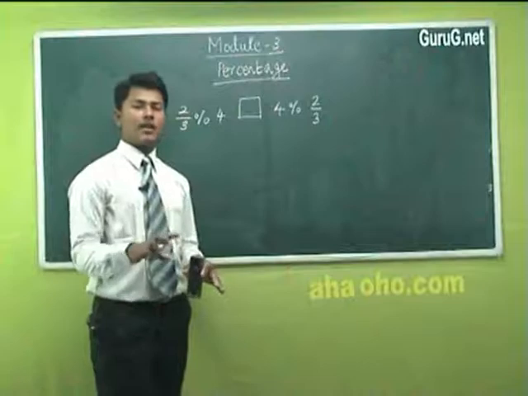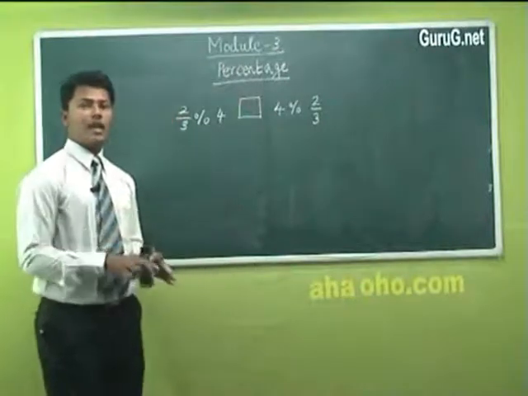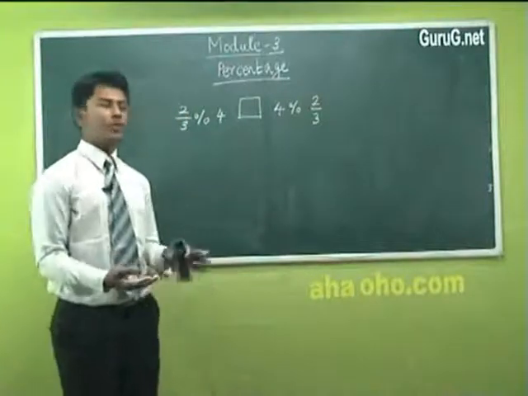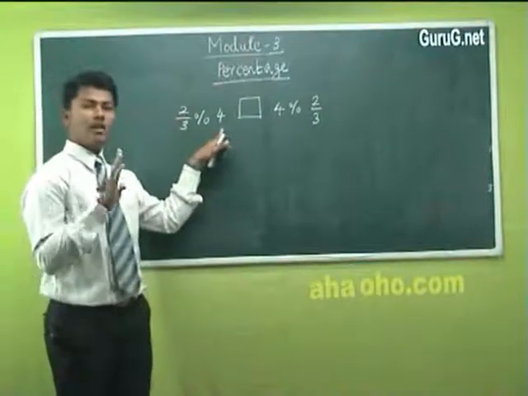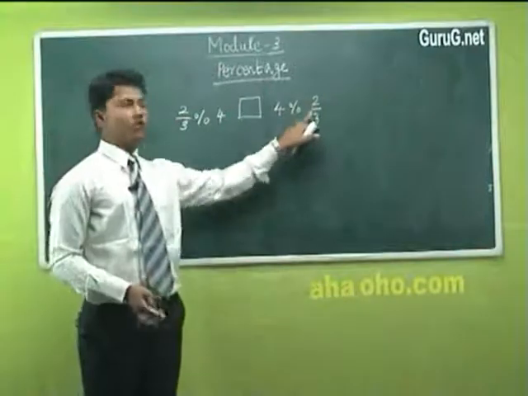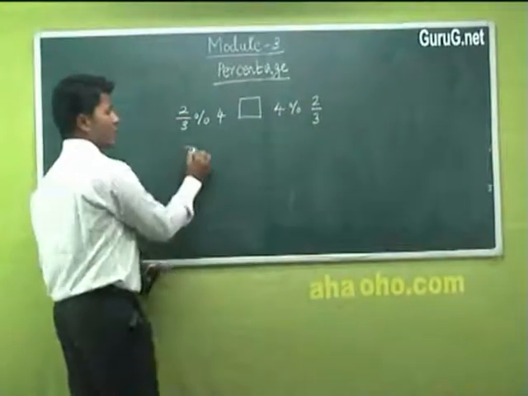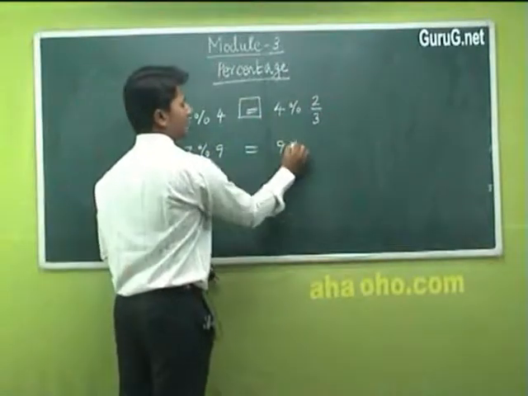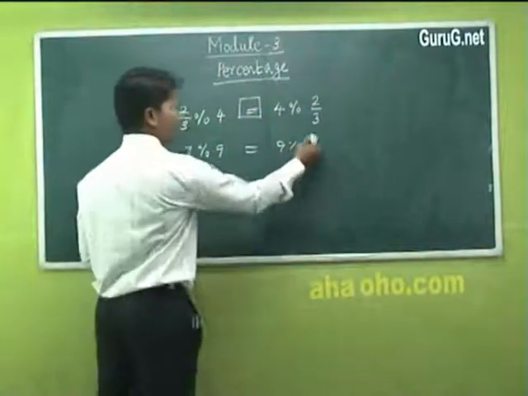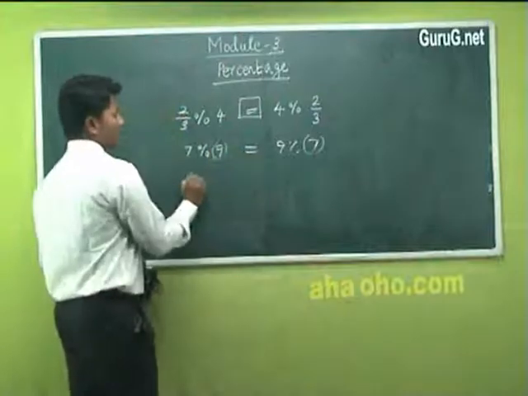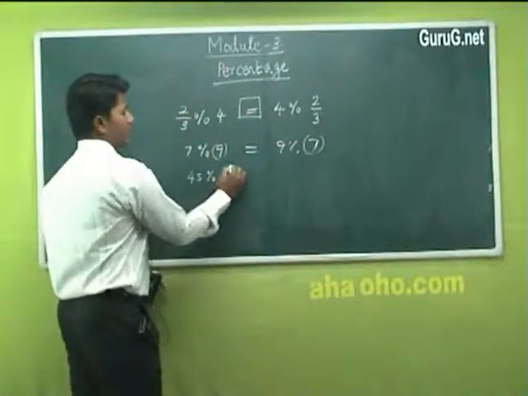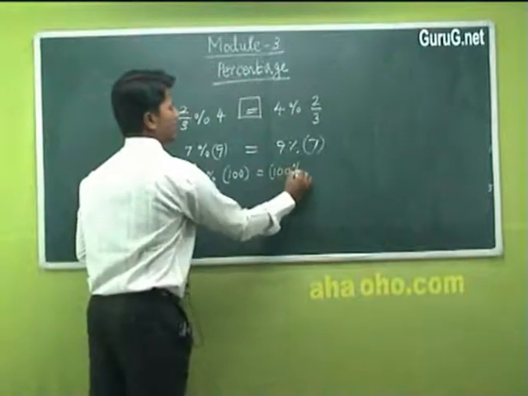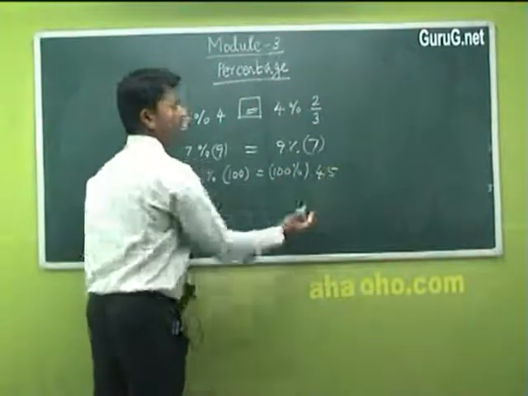The simple fact you have to keep in mind is A% of B will always be equal to B% of A. 2/3% of 4 will always be equal to 4% of 2/3. 7% of 9 will always be equal to 9% of 7. 45% of 100 will always be equal to 100% of 45. It is a simple fact.